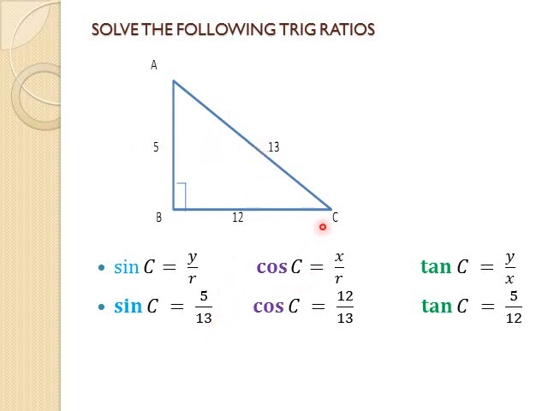Say cos C, I want from C x, so x there is 12 and r is 13, so cos C would be 12 over 13. Say tan C, it will always be the y value over x, so y is 5 and x is 12. Right, so there we solved the trig ratios for sine, cos and tan. I hope you follow.